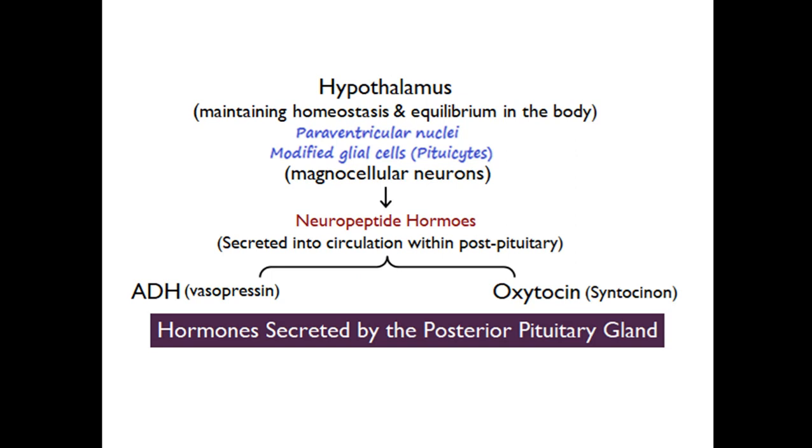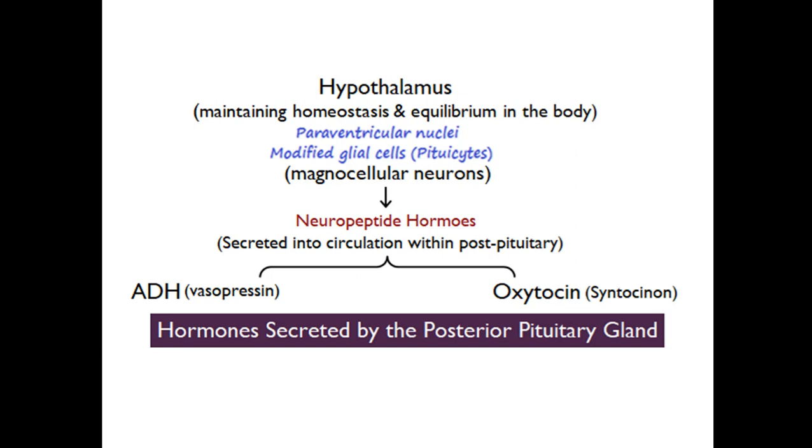The hypothalamus senses changes in the body, for example, changes in temperature and changes in osmolality, and accordingly it orders the pituitary gland to secrete various hormones.